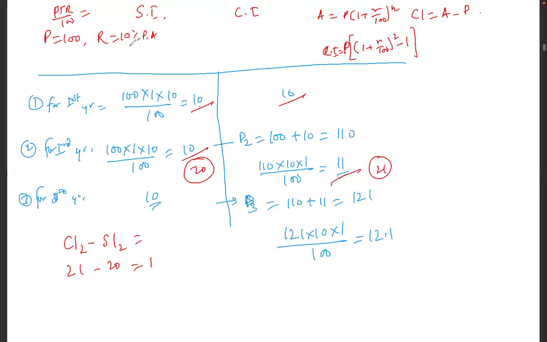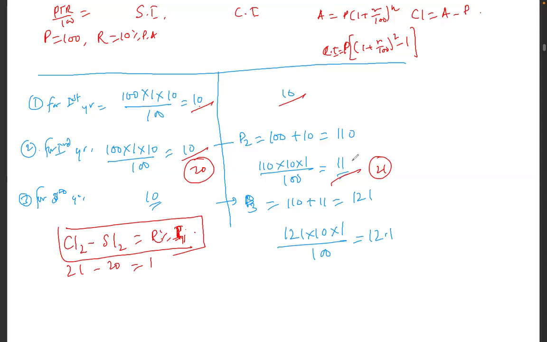Because rate of interest is 10%. So compound interest after 2 years minus simple interest after 2 years is equal to R% of interest of first year. So you get this relation. Cool?